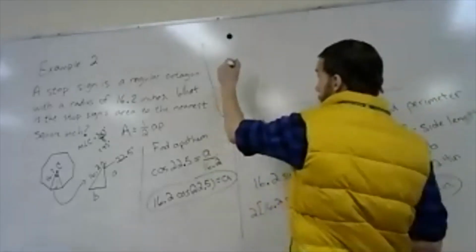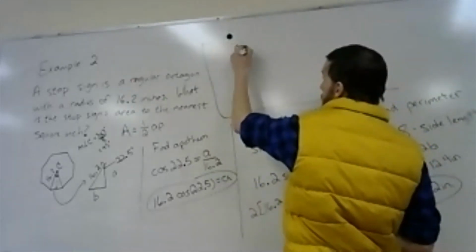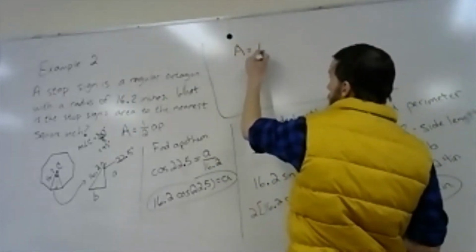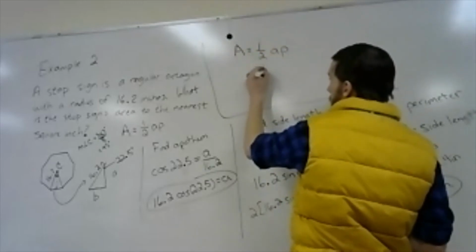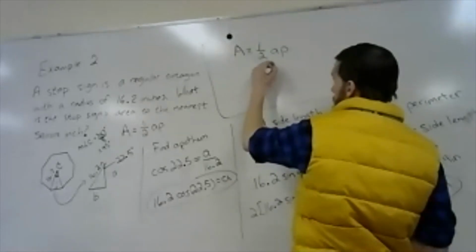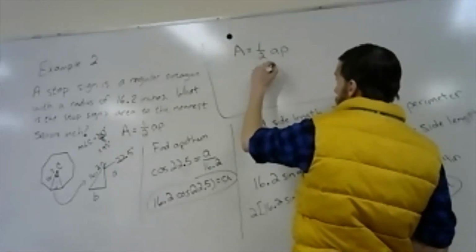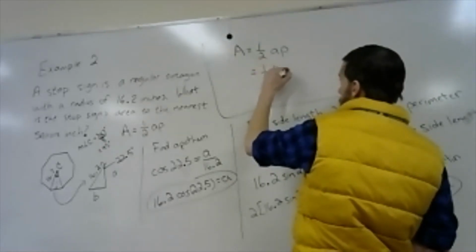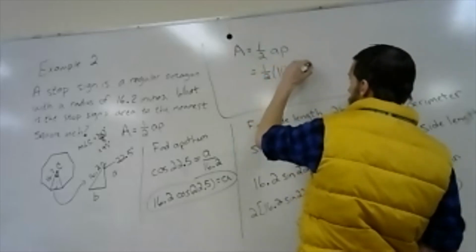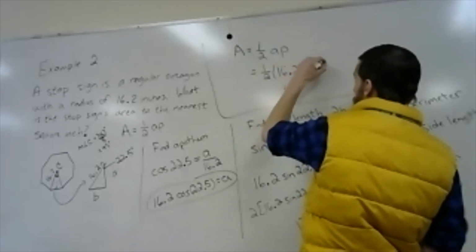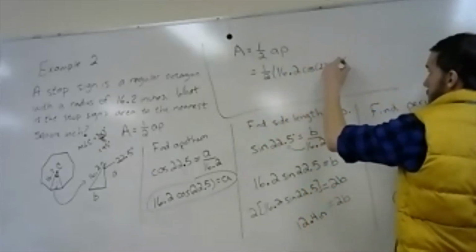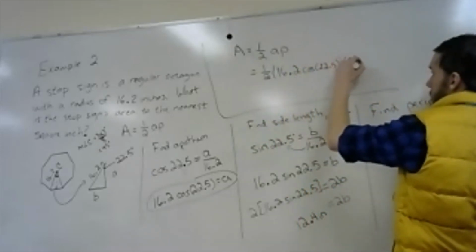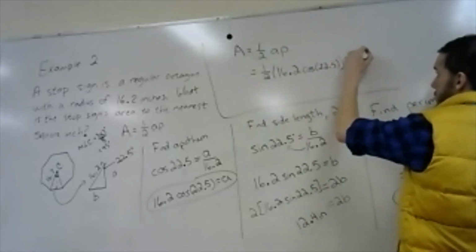The area is 1/2 times A times P. We have 1/2 times 16.2 times cosine of 22.5 times 91.2.